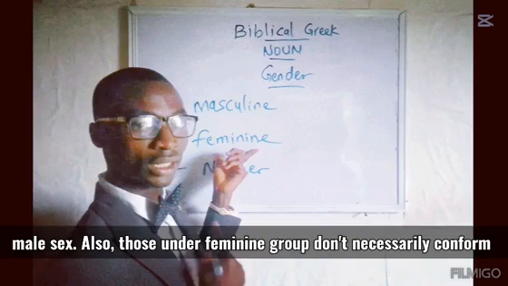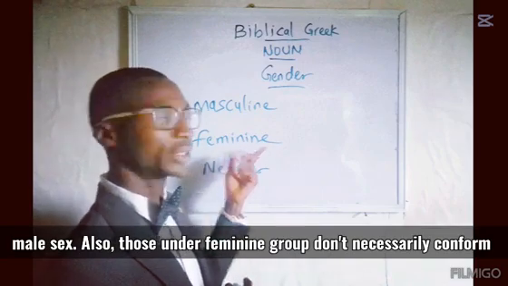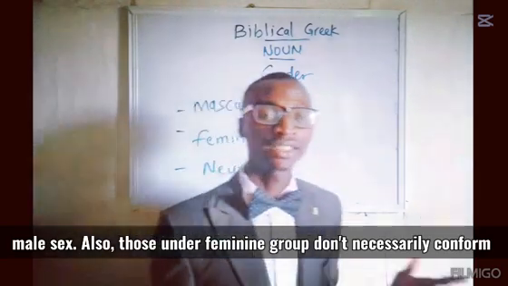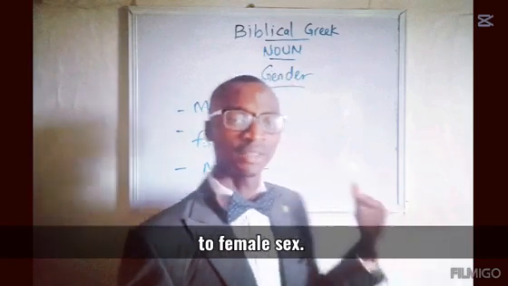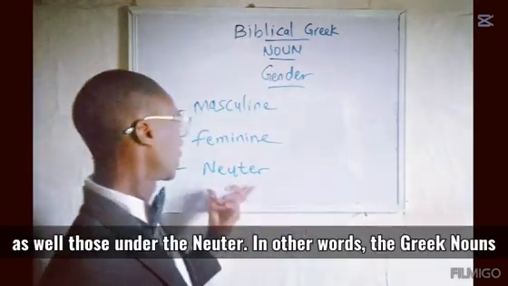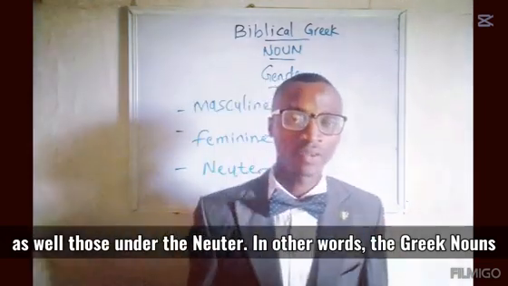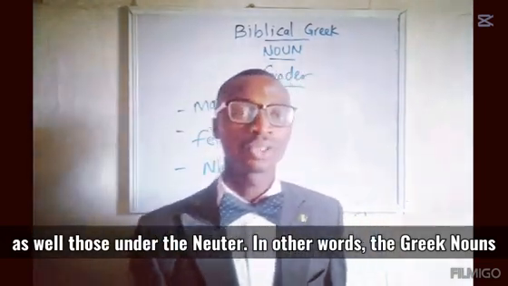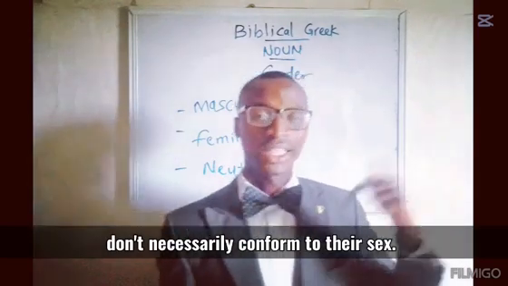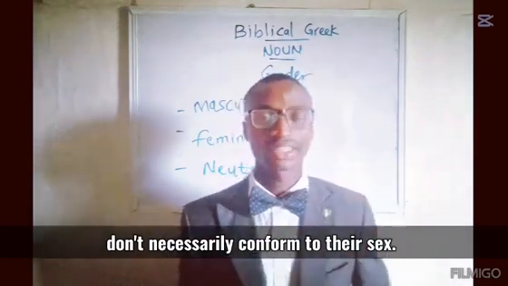Also, the nouns under the feminine are not necessarily conformed to the female sex, and the neuter also. So in other words, the gender of Greek nouns doesn't necessarily conform to their sex.